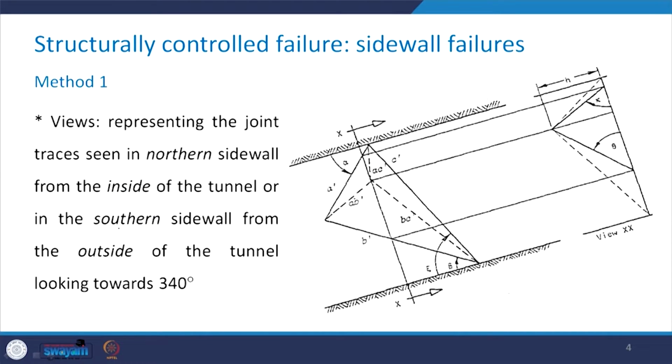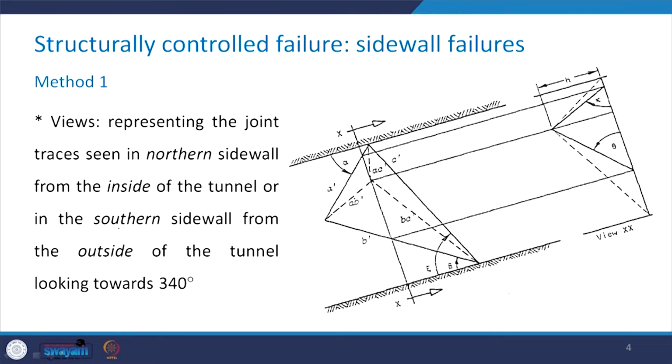Now, these views represent the joint traces which are seen in the northern side wall from the inside of the tunnel, or in the southern side wall from the outside of the tunnel if we look towards 340 degree.